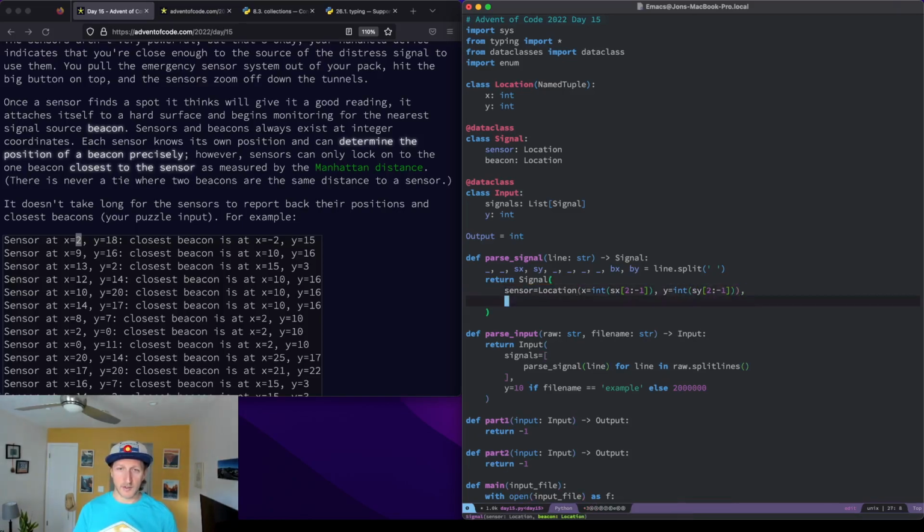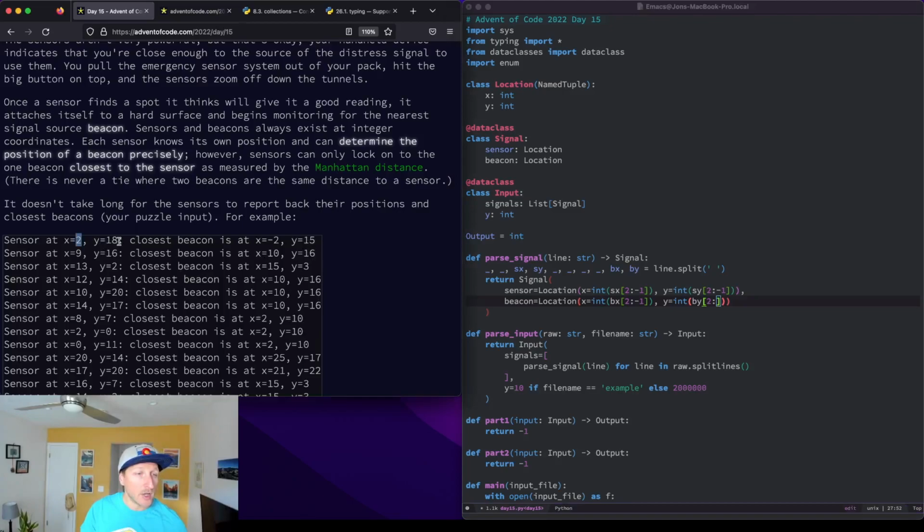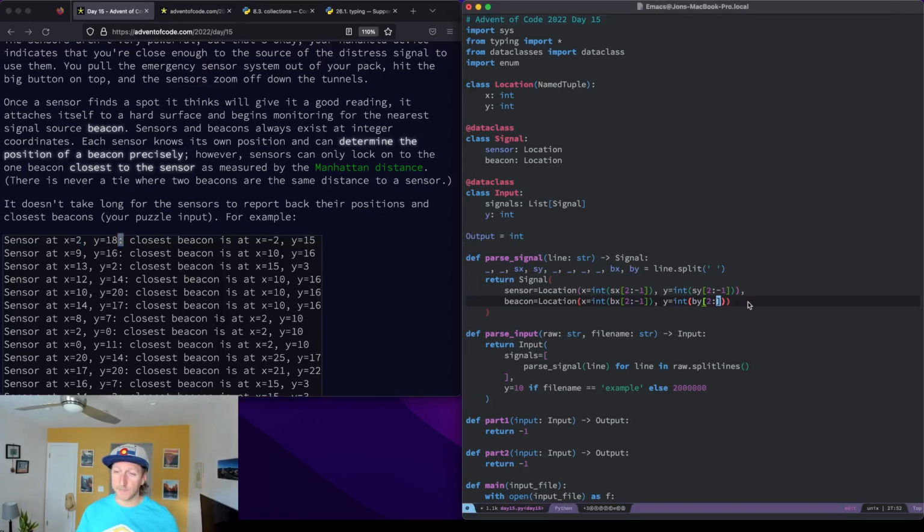And a beacon equals location, x equals int of bx, 2 to -1, y equals int of by, 2 to the end, because this doesn't have a trailing character like a colon or a comma. Okay, so that returns our signal.